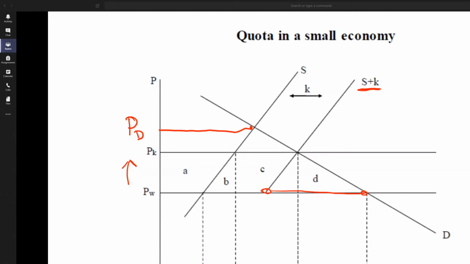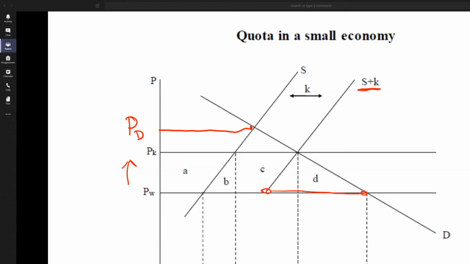This is the area, this triangle. So you see there was this consumer surplus under the world price. But now the state allowed to import only 500 products, and the price increased to PK. Now you see that's all what consumer lost.